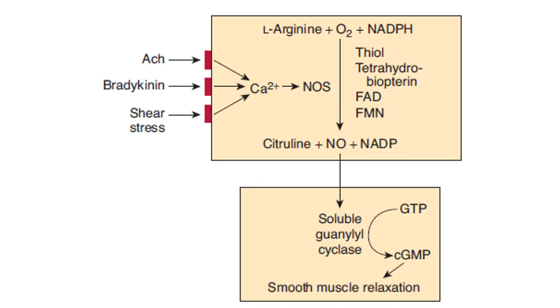Nitric oxide can activate soluble guanylate cyclase, and this soluble guanylate cyclase transfers guanylate triphosphate to cyclic guanylate monophosphate. Cyclic guanylate monophosphate has some different actions.